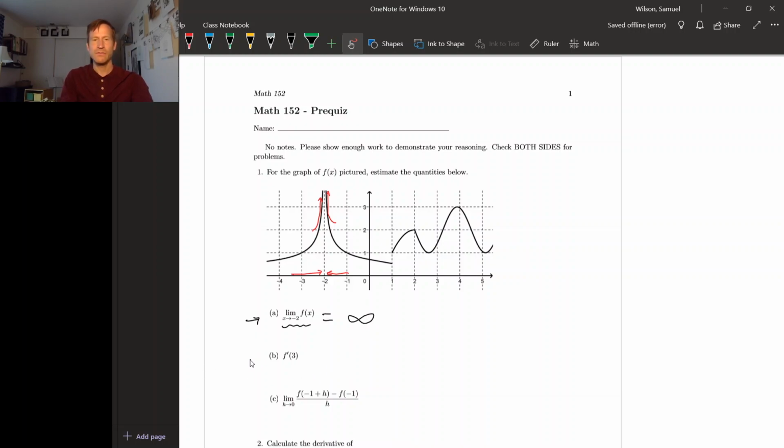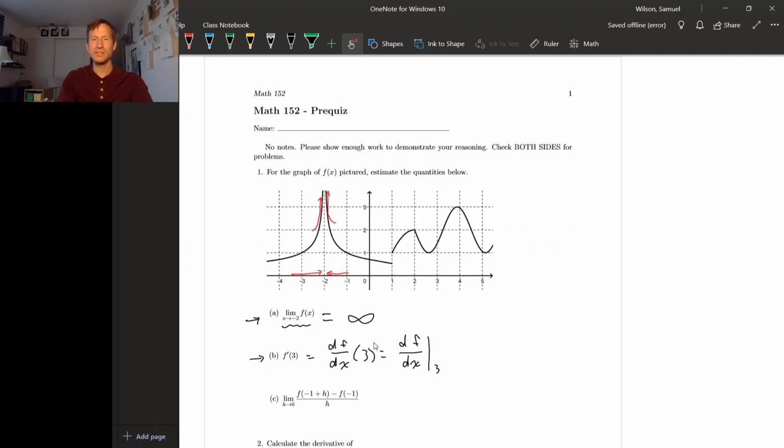Okay, for part B, f prime of 3. Now remember, f prime, another way to write this would be df dx at 3. Depending on how you write it, some people, instead of using parentheses to denote evaluating a derivative, use a vertical bar like this.